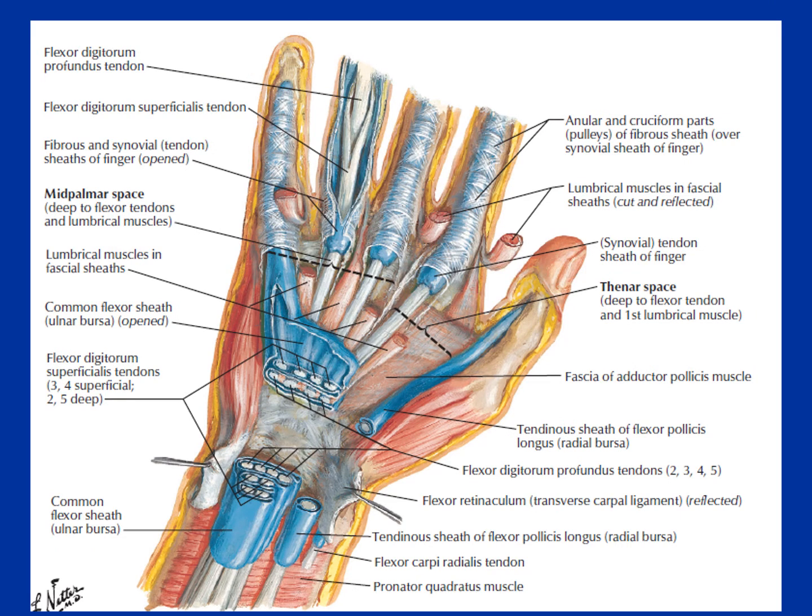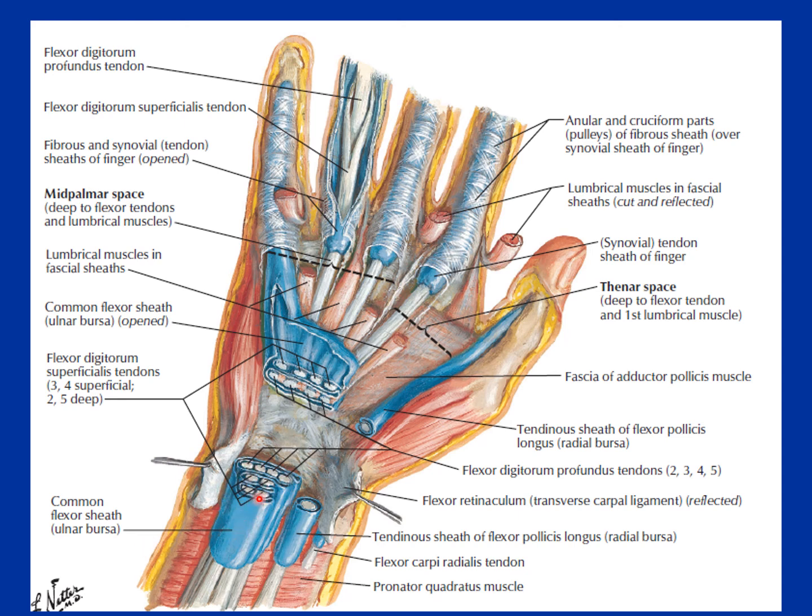This is the same diagram showing the common flexor sheath, which is also known as the ulnar bursa. We see that all the flexor tendons are covered by a single synovial sheath, and this synovial flexor sheath is known as the ulnar bursa.